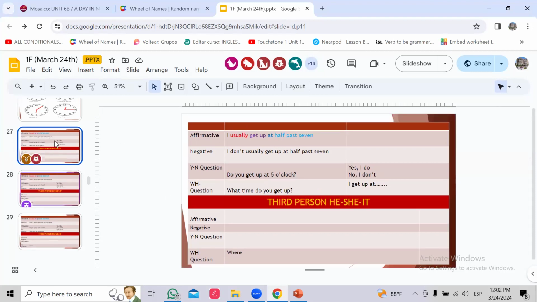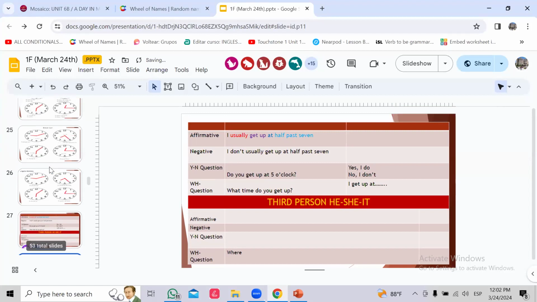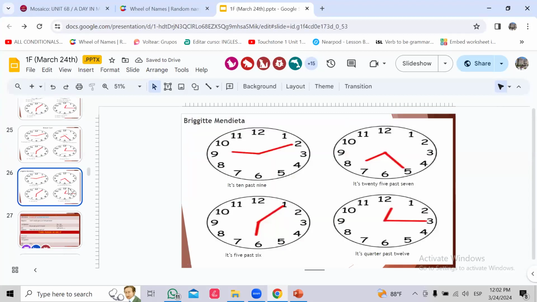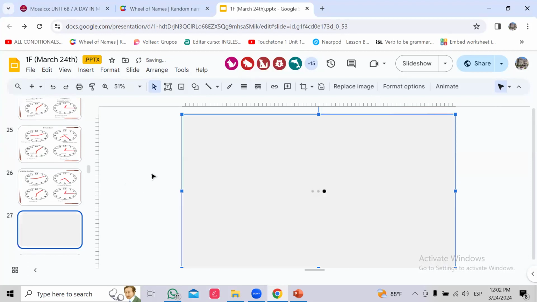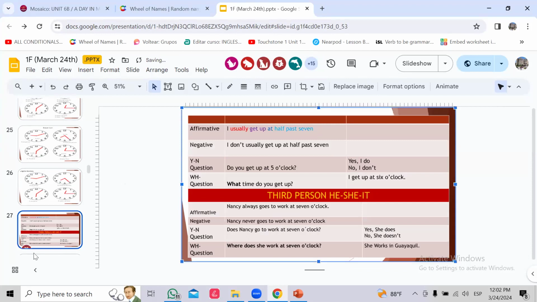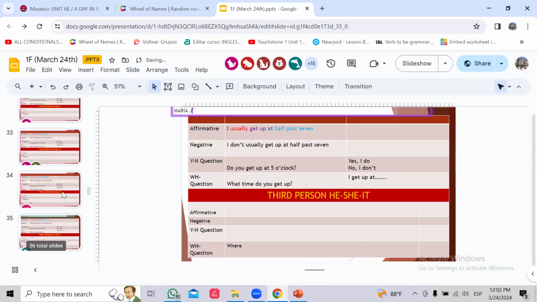La 27 no la cojan, porque esa es mía. Y ahí está el ejemplo. Vamos si pueden escribir ya.